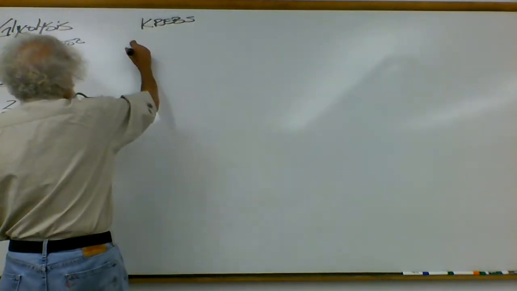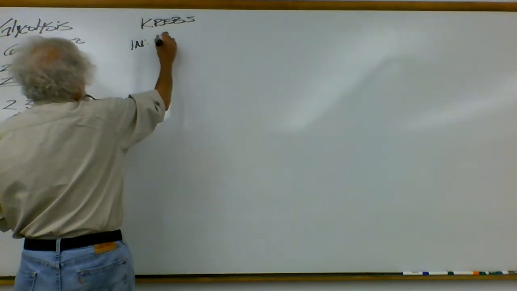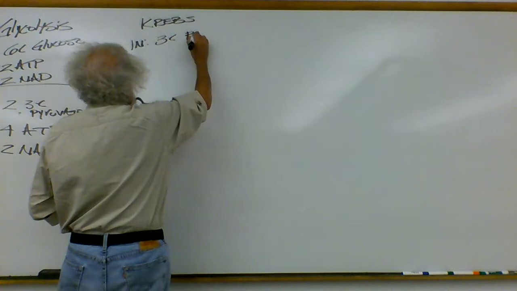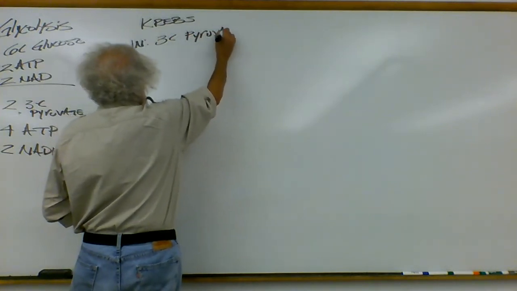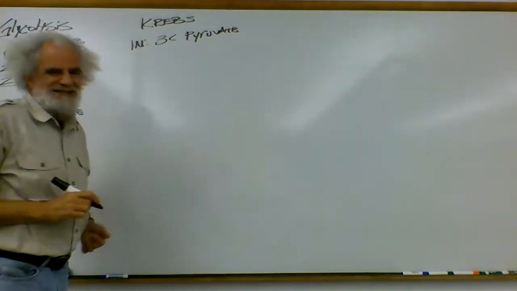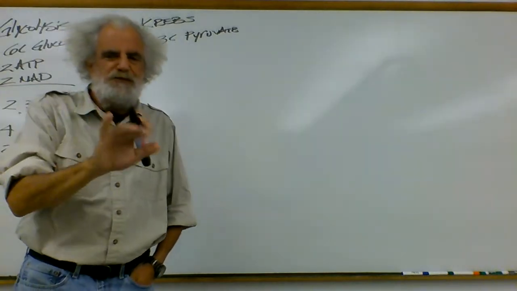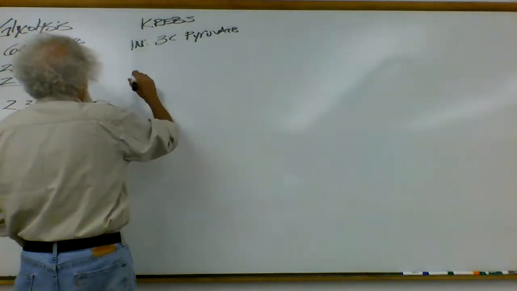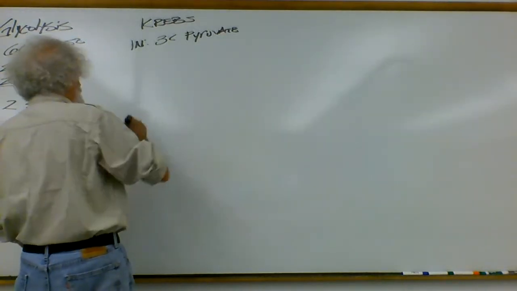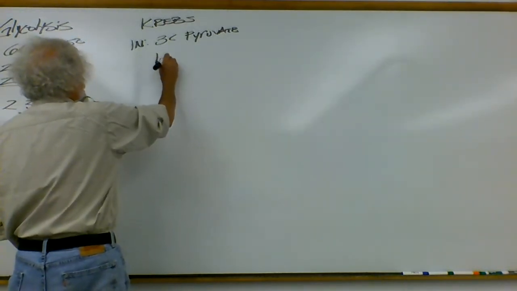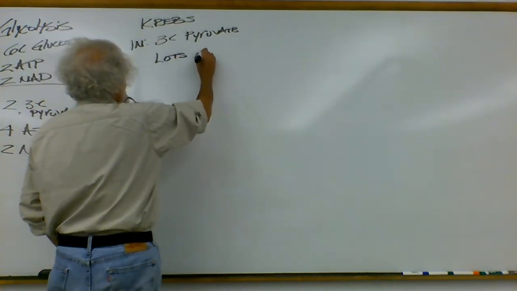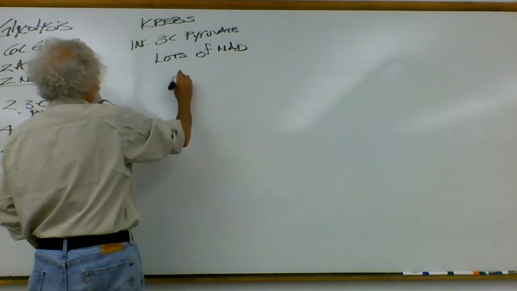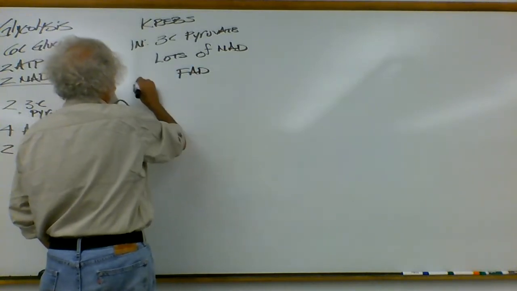So what goes in is the 3-carbon pyruvate. Okay, that's not exactly correct, but for my purposes, let's work with it. It makes it easier to write up on the board. And then rather than putting a number on it, let's just say lots of NAD is required, and FAD is required as well.